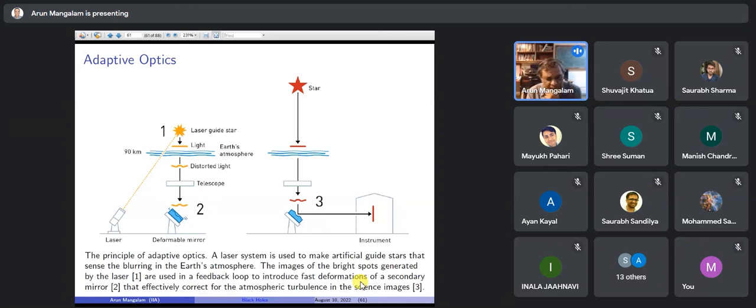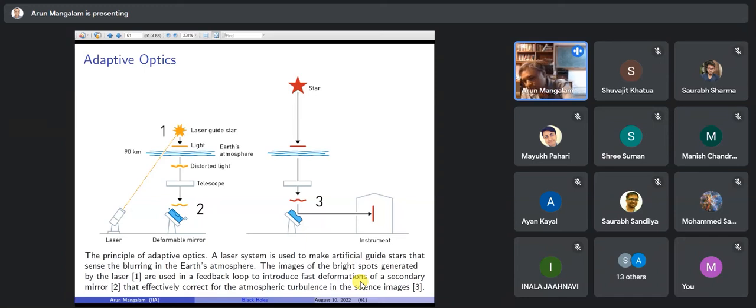By using a guide star, and that guide star is a laser, you shine laser light on some of the sodium atoms in the Earth's atmosphere, measure the reflection, and look at the deviations in the deformed wavefront.